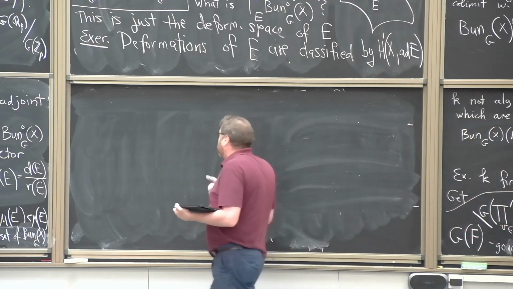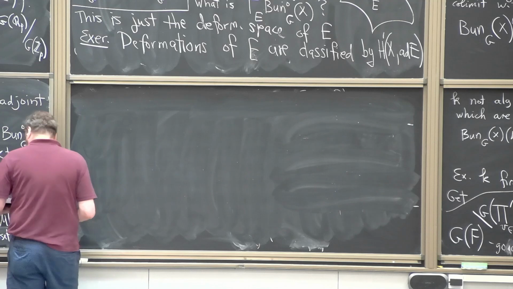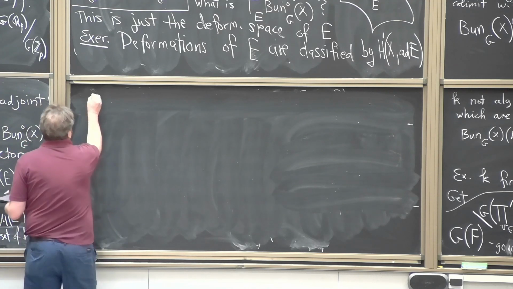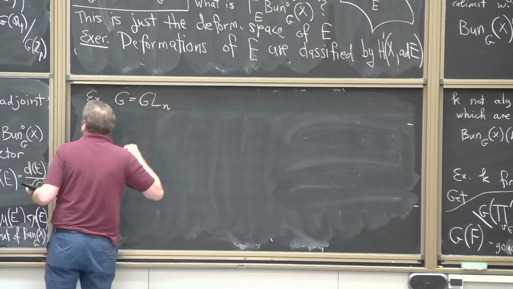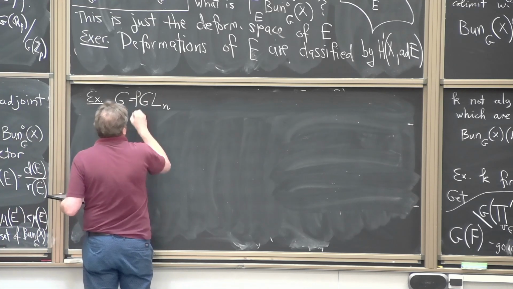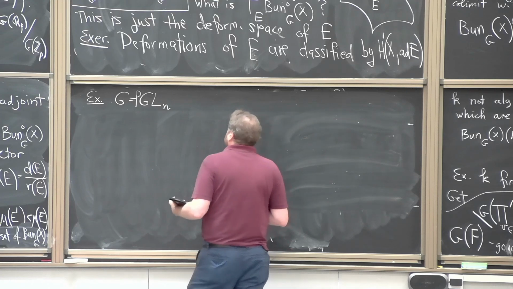But the calculation is the same. So here is an example. Let's take G equal to GL_N. This is not semi-simple, but never mind. Well, maybe PGL_N.